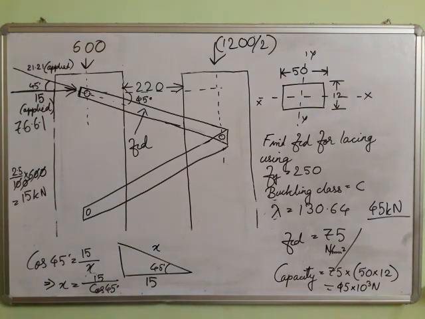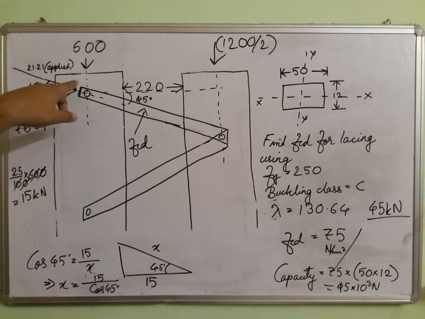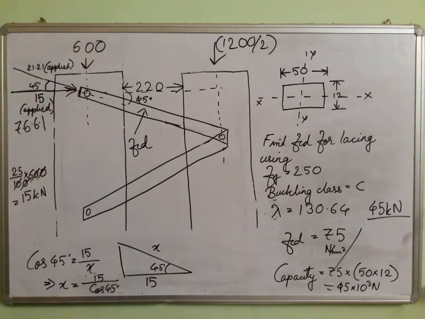So that is a sort of checking that we have done. 21.21 is the load applied in this direction, and the capacity of the lacing to take a load in this direction is 45. So obviously the capacity is more than the applied load. So ultimately the lacing is safe.